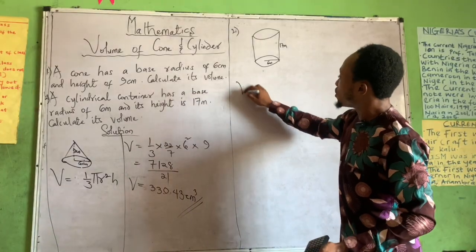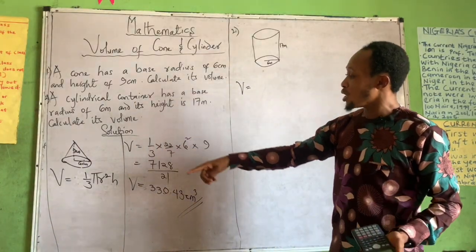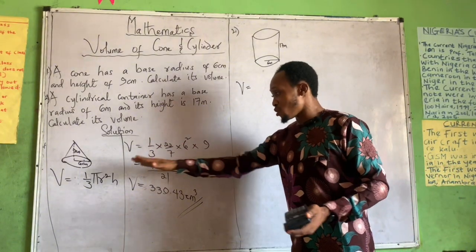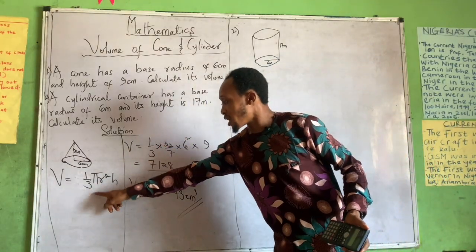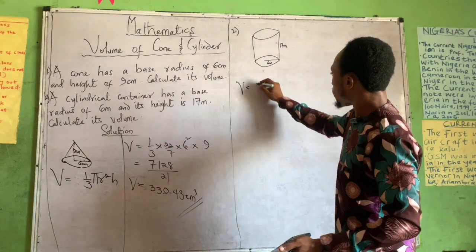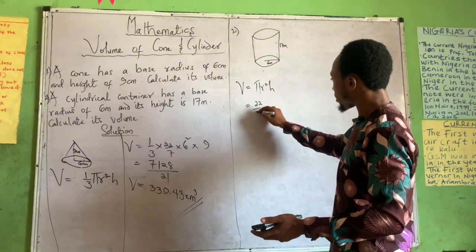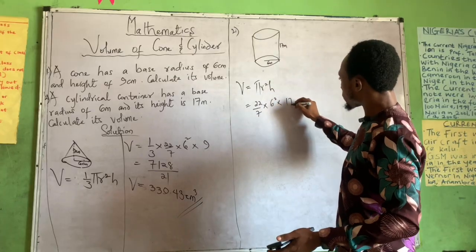The difference between the formula for calculating the volume of a cylinder and of a cone is that the cone has 1/3, but it's still the same formula. For the cylinder, it doesn't have 1/3, it is just pi r square h. So we have 22/7 times the radius, which is 6 square, times the height, which is 17.